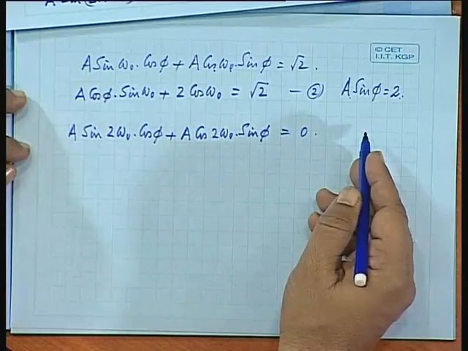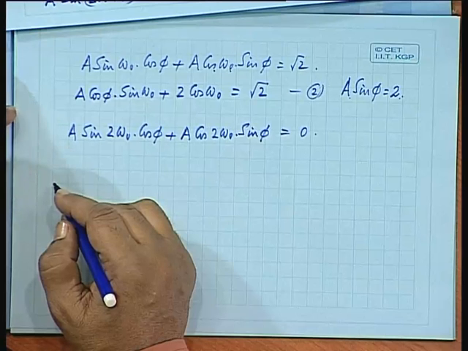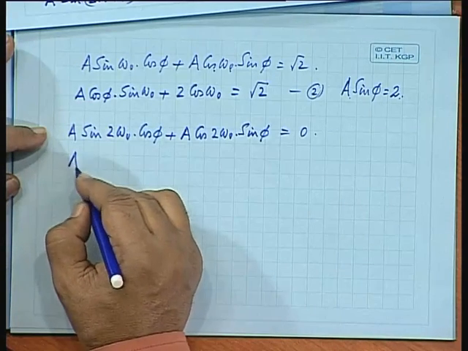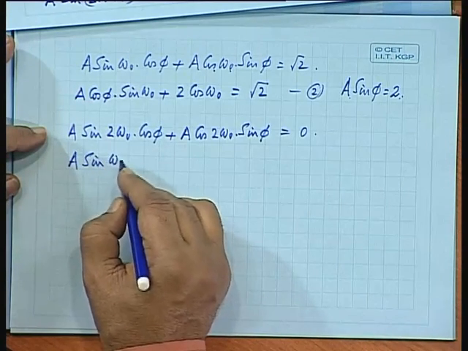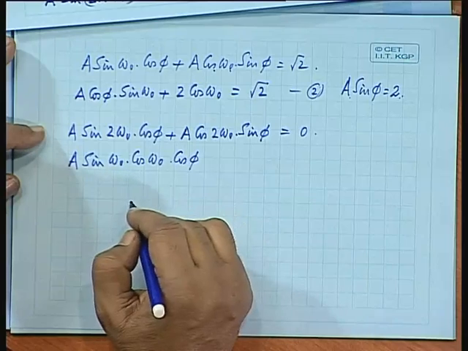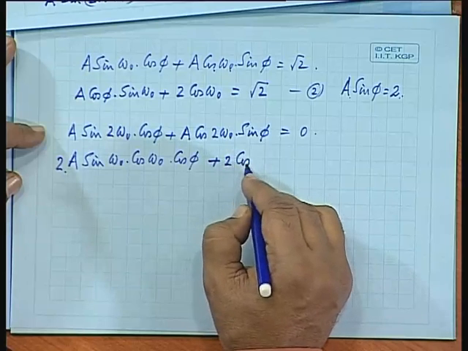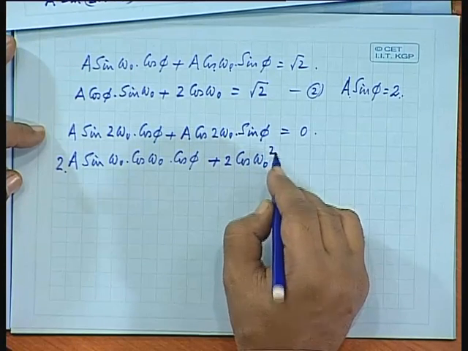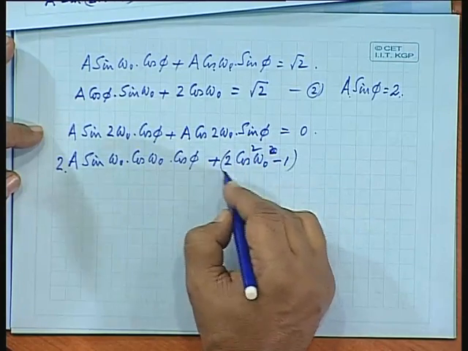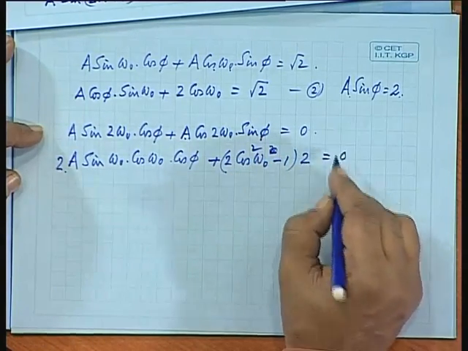Okay. Put it to this side, A will get cancelled, okay, retain A. A sin omega naught cos omega naught cos phi, into 2, plus A sin phi is 2, into cos squared omega naught minus 1, into 2, is equal to 0.